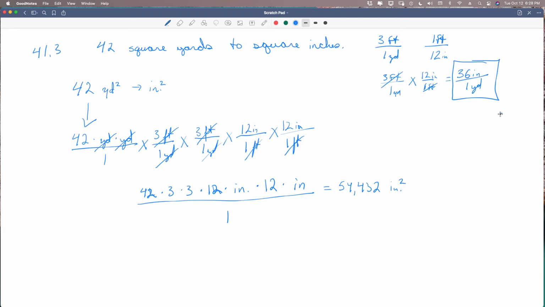Now, let's write this over here for just a second: 54,432 inches squared. And let's erase all of this, right?